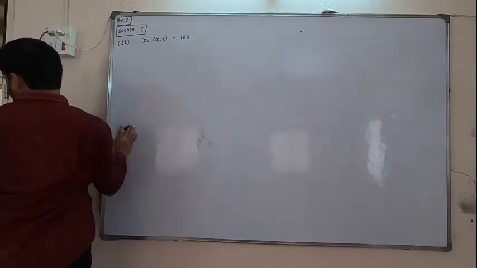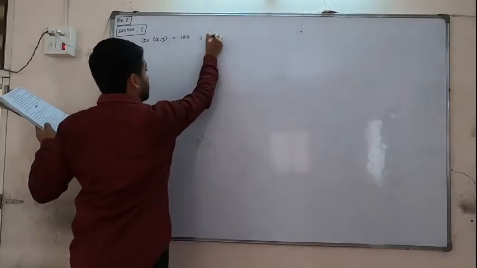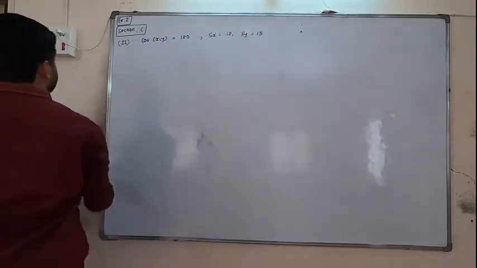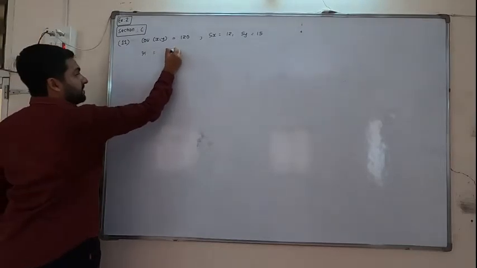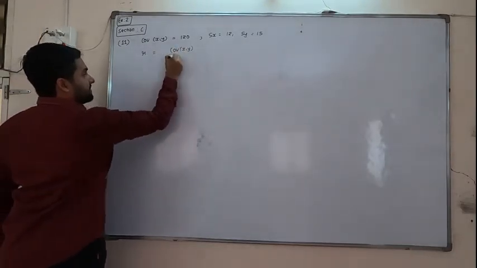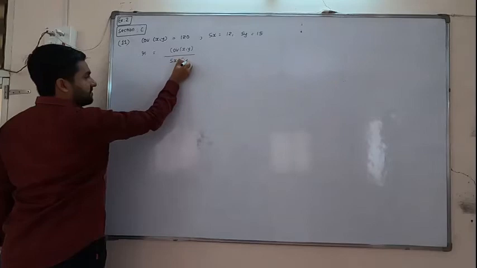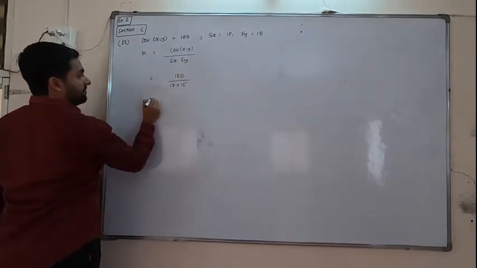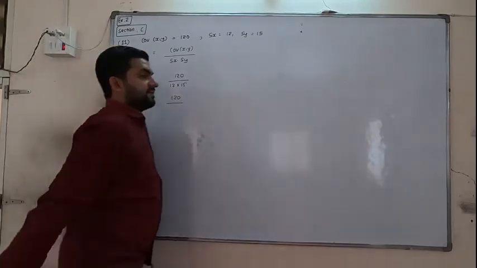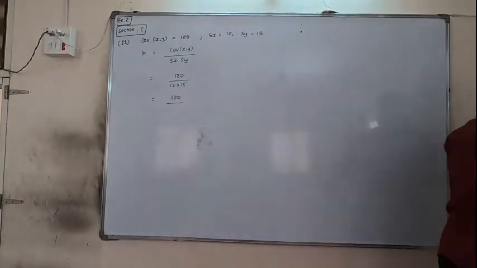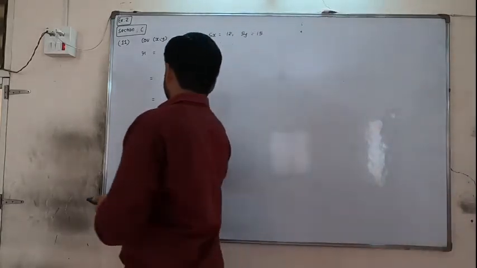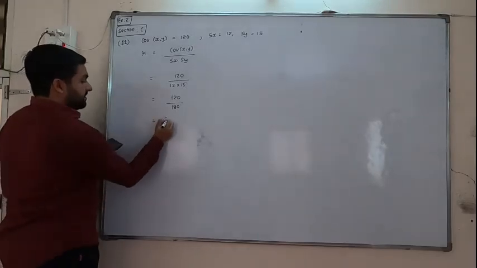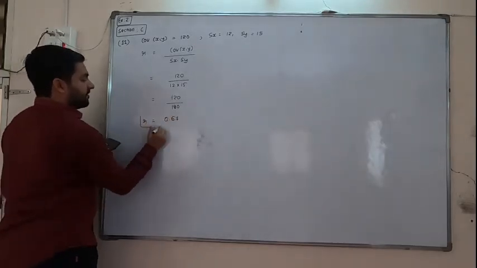R is equal to covariance xy divided by Sx into Sy. 120 divided by 12 into 15. 12 into 15 is 180. So 120 divided by 180, 0.666, so 0.67.